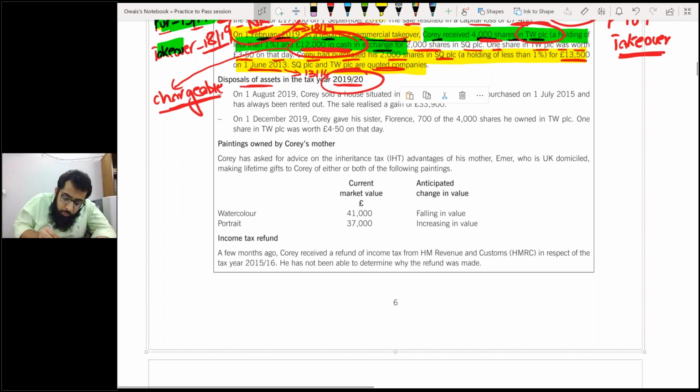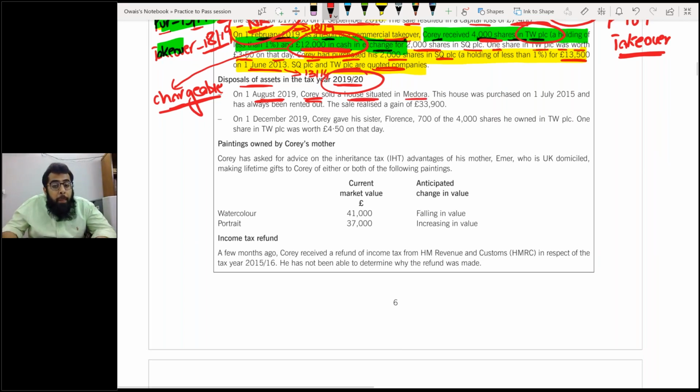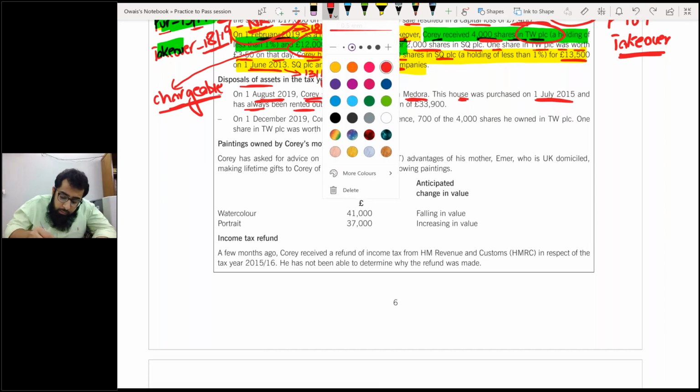On 1st August 2019, Corey sold a house situated in Medora. The house was purchased on 1st July 2015 and has always been rented out.